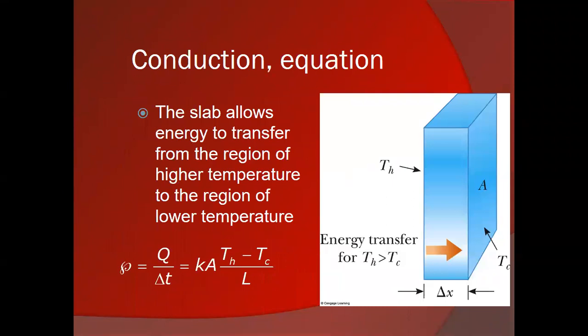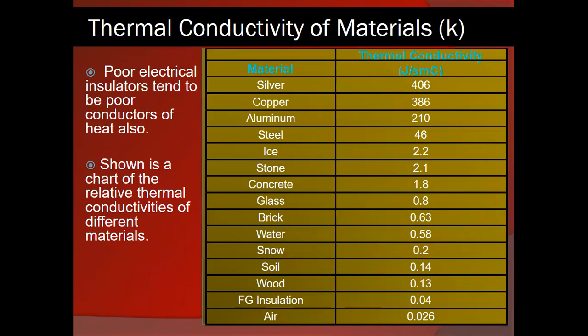We won't go through the conduction equation. That's not really something that we want to talk about too much here. But what we can see here is how different materials will conduct energy differently. Think about this constant K as just relatively how well energy is going to go from one end of an object to another end. Silver is a very conductive material, and obviously it conducts heat very, very well.